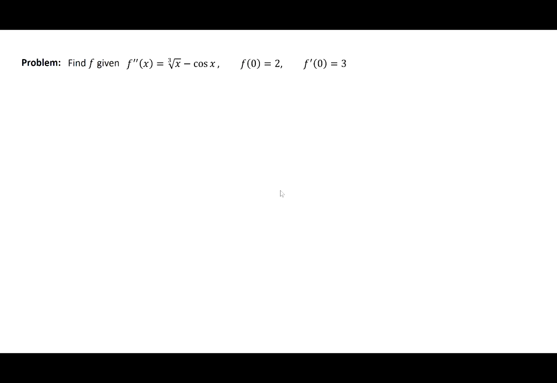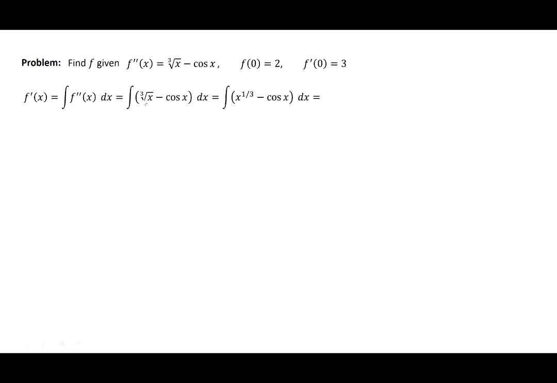Okay? All right, so again, given f double prime of x, there is no way to find f directly. We need to go to f prime of x first and then integrate that to get f. So f prime of x is the integral of f double prime of x, cube root of x minus, integral of that, minus cosine x rather.